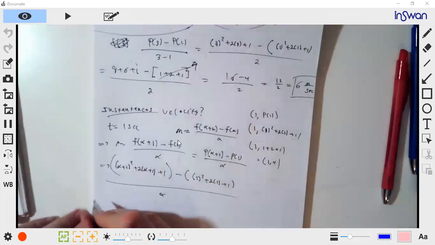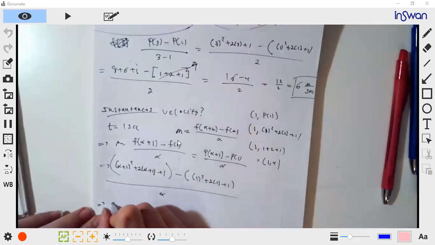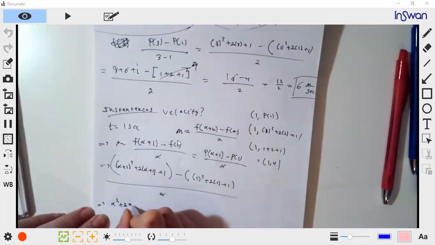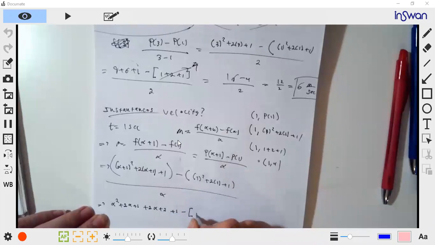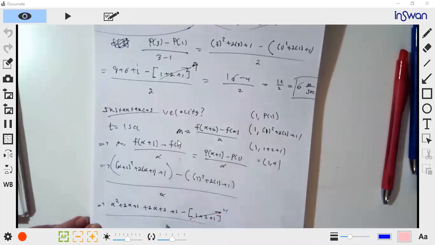Notice that this reduces to alpha squared plus 2 alpha plus 1 plus 2 alpha plus 2 plus 1 minus the quantity 1 plus 2 plus 1 becomes a 4, all over alpha.